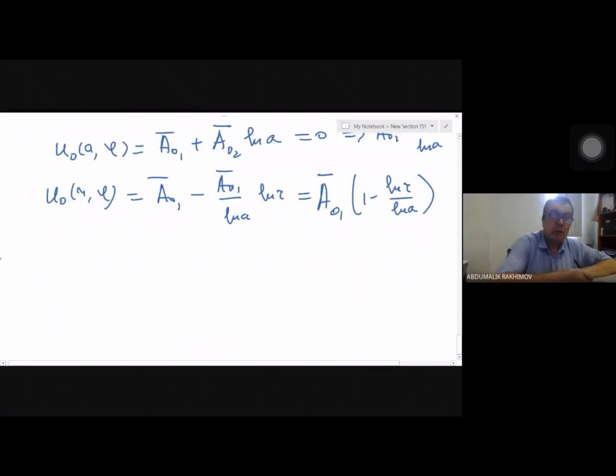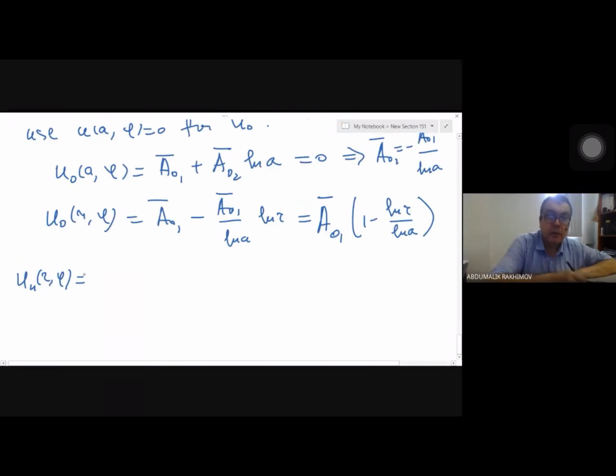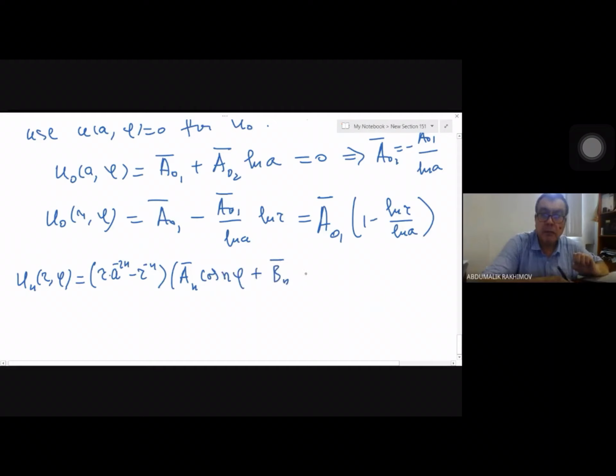This is u0 and un. un r phi is equal to r to the n times a to the minus 2n minus r to the minus n, times an bar cosine n phi plus bn bar sine n phi.